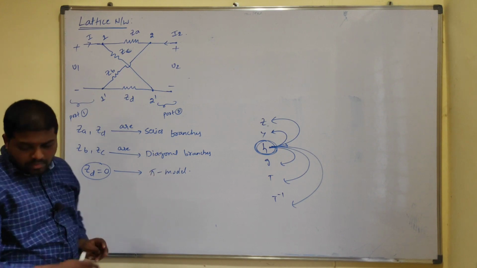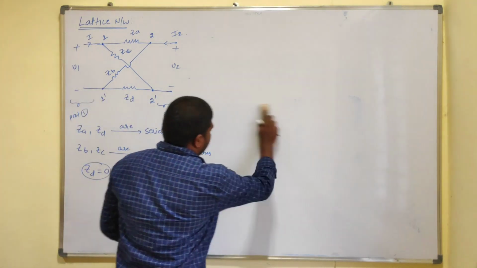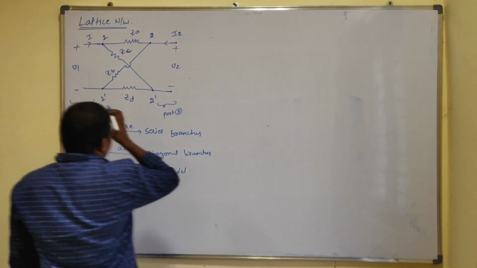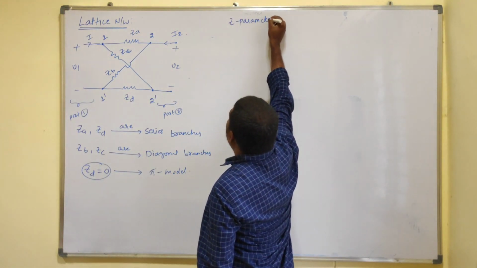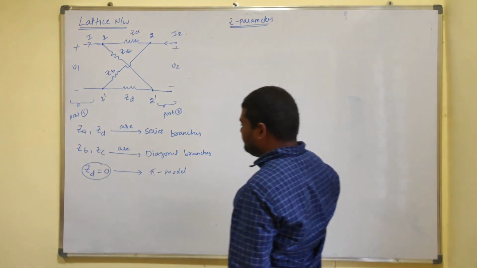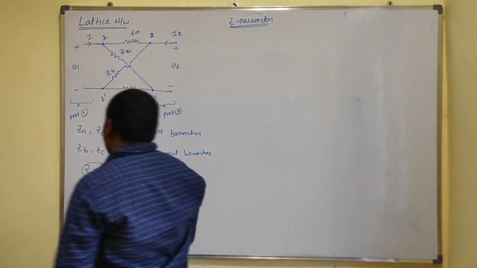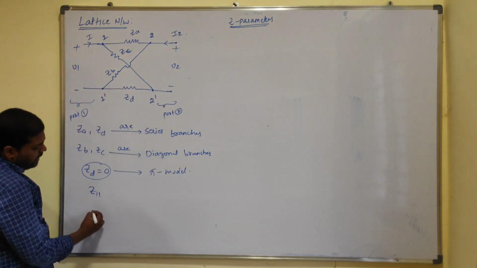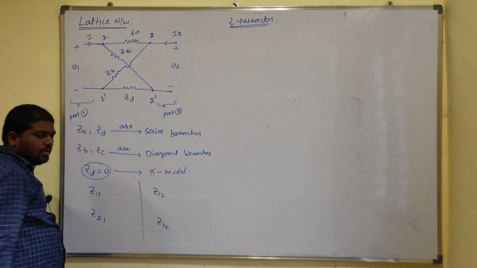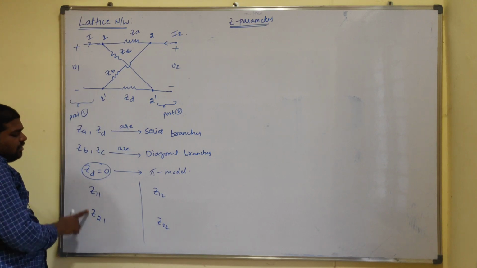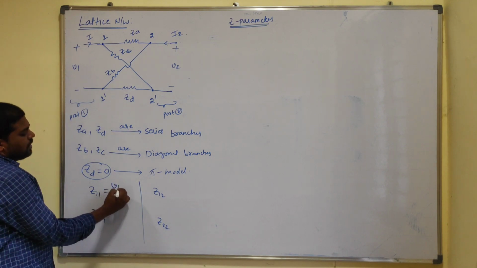For this lattice network, in Z parameters we have a total of 4 parameters: Z11, Z21, Z12 and Z22. Z11 equals V1 by I1.